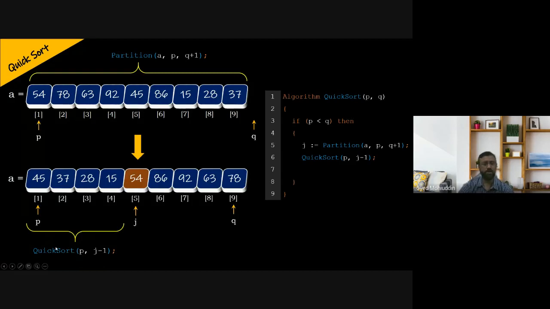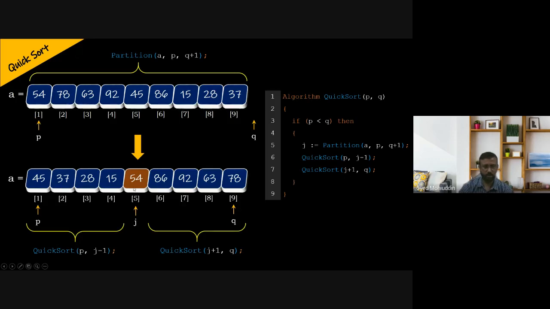So we recursively call quicksort on the left partition, passing p as the first argument and j minus 1 as the second argument. Then we recursively sort the right partition. For the right partition, we call quicksort and pass j plus 1.